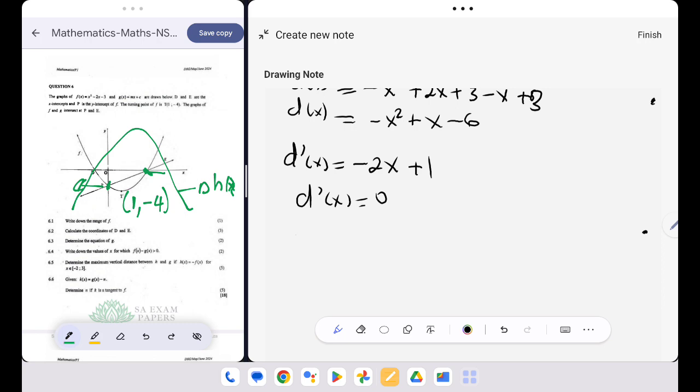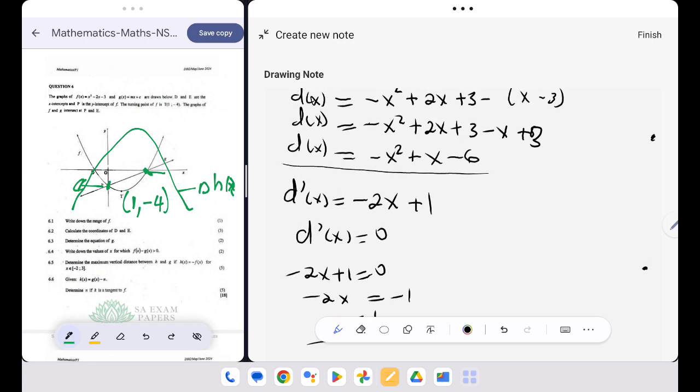So I will let negative 2x plus 1 be 0. Negative 2x is equal to negative 1. Then x is 1 over 2. So I know that when x is 1 over 2, I will get my maximum distance.